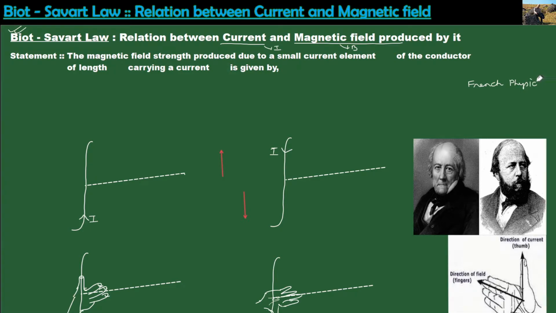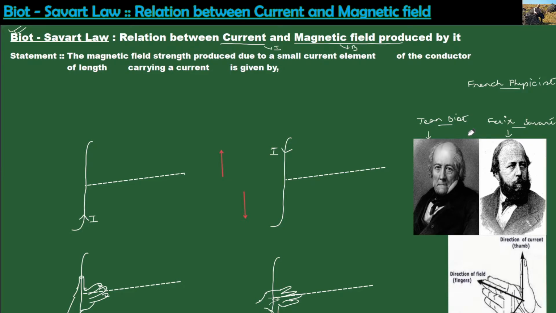The first figure is the picture of the scientist Jean Biot, and the other picture is of another French scientist by the name of Felix Savart.